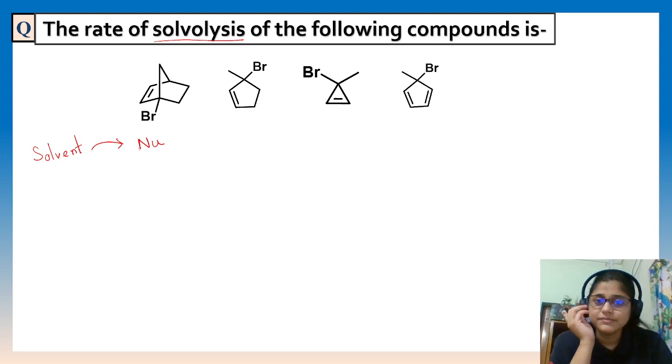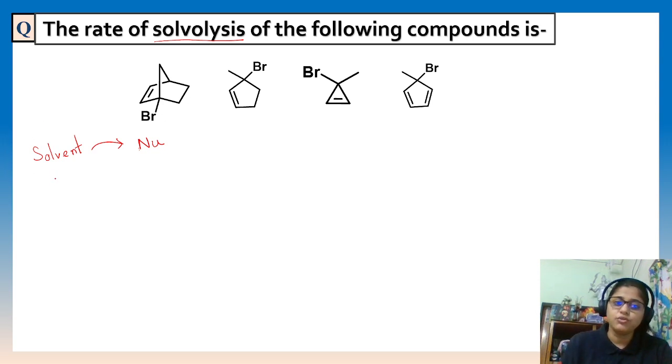Like water, you have seen a water molecule can attack through oxygen. That kind of reaction is called a solvolysis reaction. And in a solvolysis reaction, generally the reaction goes via SN1.